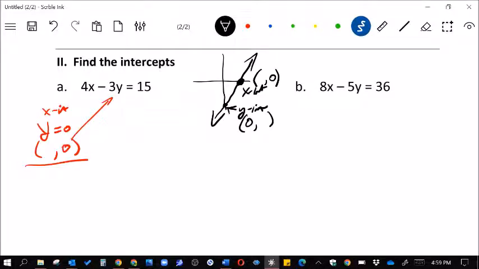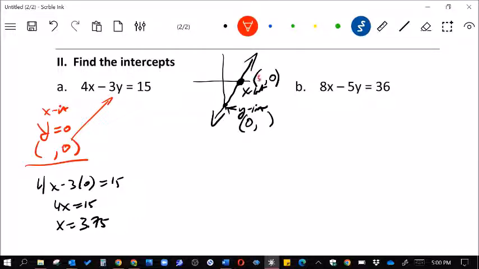So it's going to be 4x minus 3 times 0 equals 15. So we get 4x equals 15, or x equals 3.75, and that's the x-intercept. All right, so over here, that's 3.75 and 0.